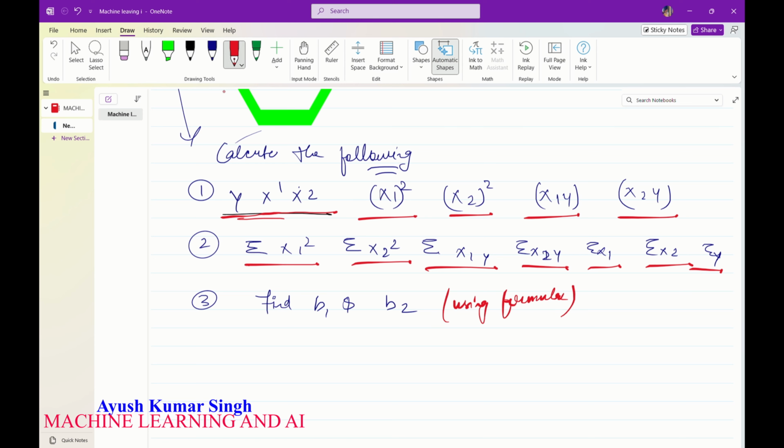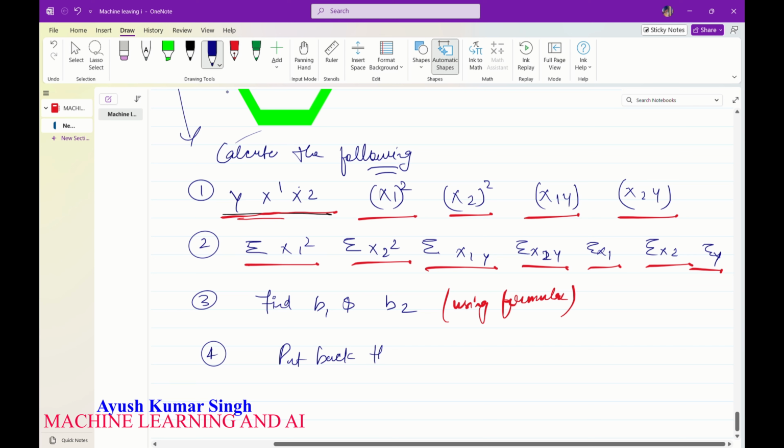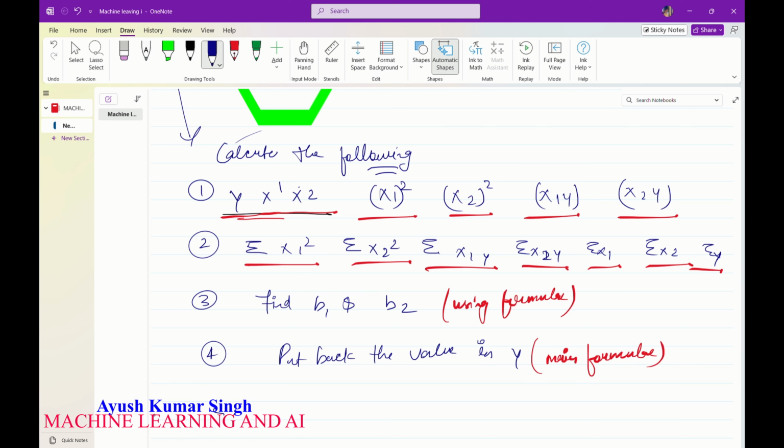Okay. Next, the fourth one we have is to put back the value in the y equation. Okay. So this one is the main formula which we are working in. Next, fifth is, okay, sorry.